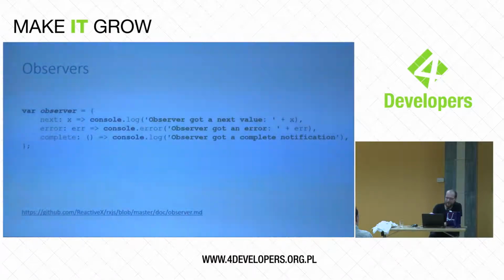The error, which is a little bit like promise reject, and the complete. So complete doesn't give you any values or anything. It just notices that the observable sequence is no more. Potentially, for example, in this example with clicks, the sequence is infinite until I complete it in a way.